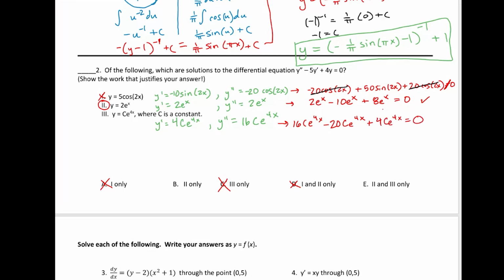Does that equal 0? Well, we have the 16c e to the 4x and a 4c e to the 4x. 16 plus 4 is 20, and 20 minus 20 is 0. So this one works also. So after all that, this was kind of a long problem because it's really like 3 problems in one. We got our answer, which is E.